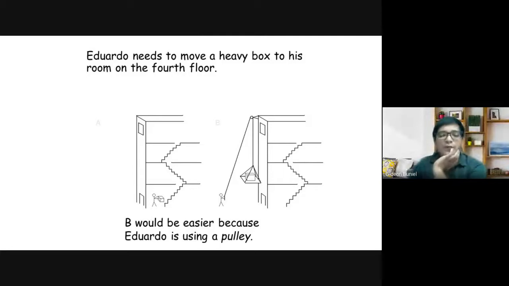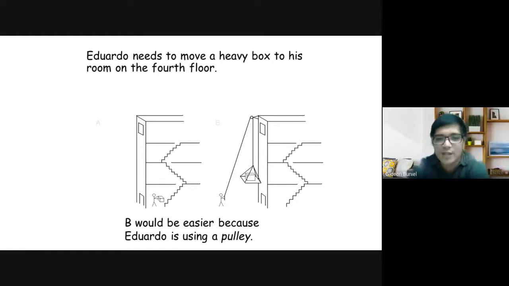Imagine, Ryan, you're this Eduardo and you need to lift this box or load to the fourth floor. That's some heck of a force you need to apply. When you reach the fourth floor, you're already exhausted.